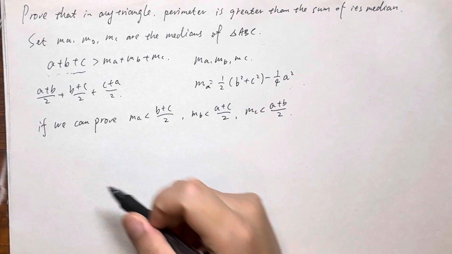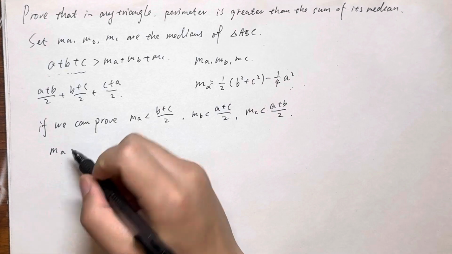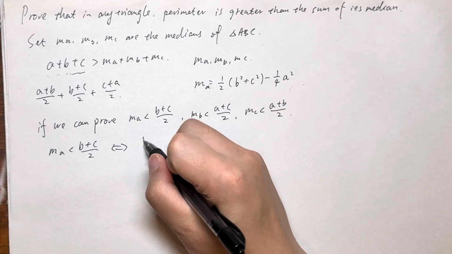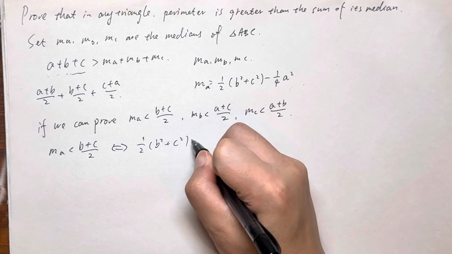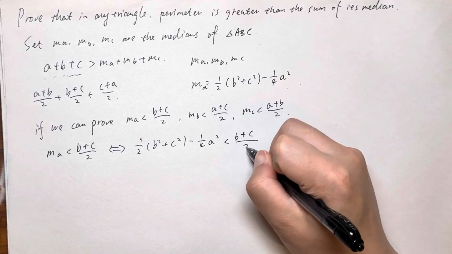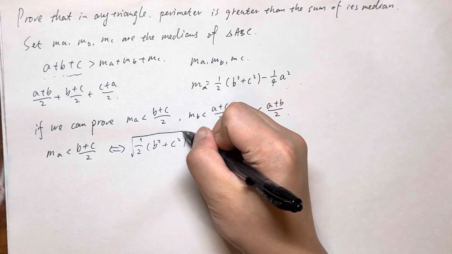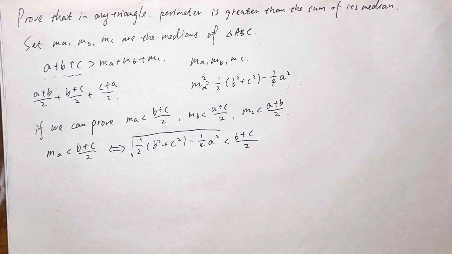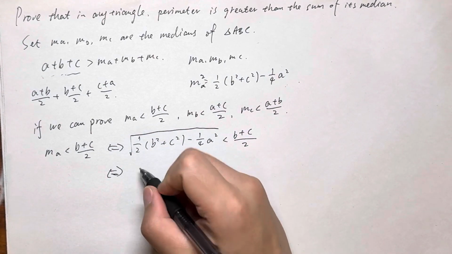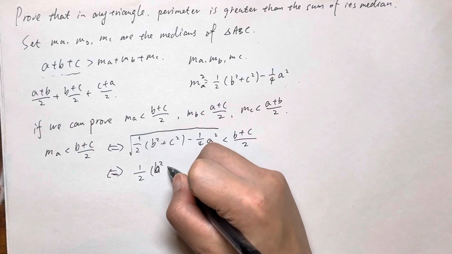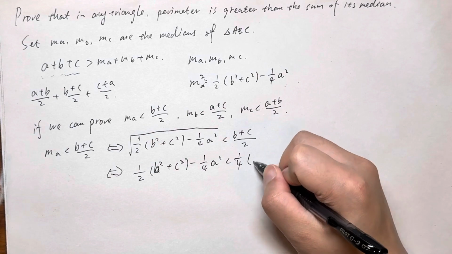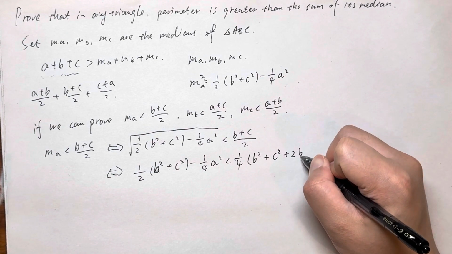If we want to prove this, basically, saying MA is less than (b plus c) divided by 2 is equivalent to proving that the square root of half of b squared plus c squared minus a quarter of a squared is less than (b plus c) divided by 2. Oh, squared, right? It's a squared. Which means it is equivalent to proving that one half of (b squared plus c squared) minus a quarter of a squared is less than a quarter of (b squared plus c squared plus 2bc).